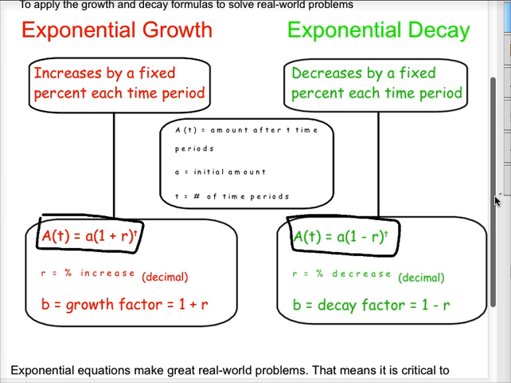What you're doing is you're taking the initial amount in both cases, but then you do a different thing with the rate. For increase, you take 1 plus the rate. For decrease, you take 1 minus the rate. And then that time becomes your exponent.